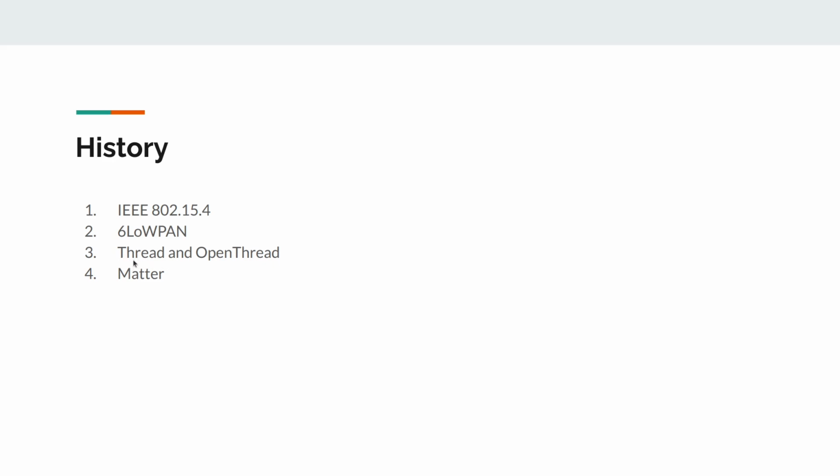And Thread was basically, they took what 6LoWPAN did and made some certifications around it. Through these certifications, they ensure that the different products that different companies make are interoperable. And then there is Matter, which is also using Thread plus some other IP-based protocols for smart home applications. And that was the background.